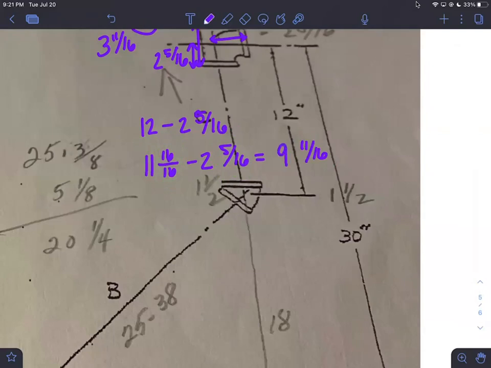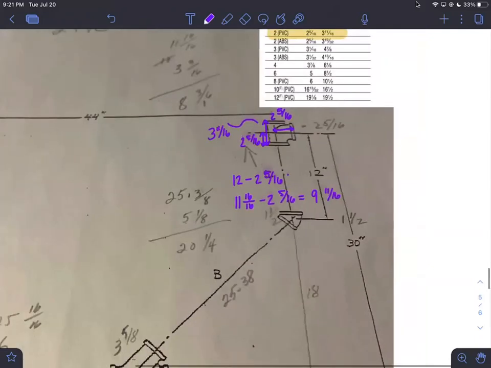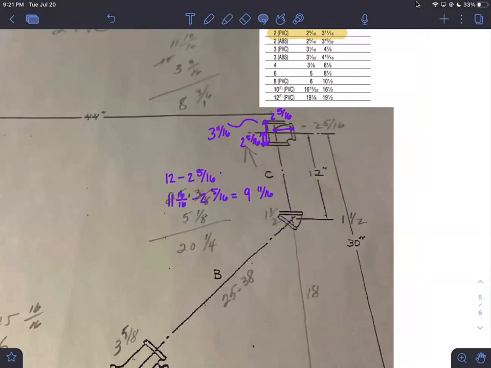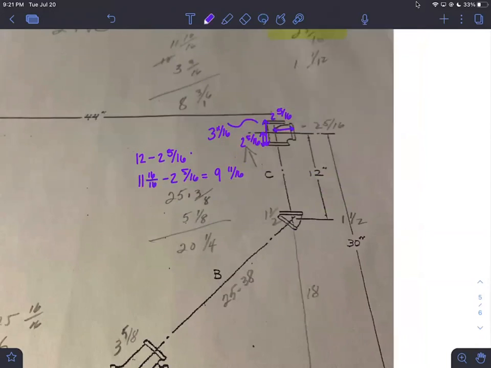So it'd be 9 11/16. So that's what C was right here. This value, this 11/16, that's what was happening here.